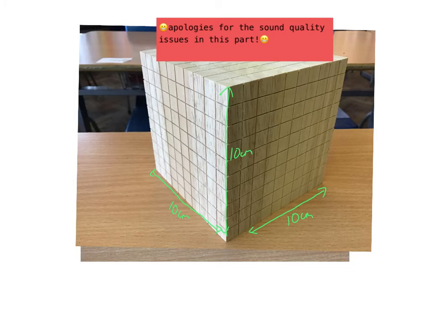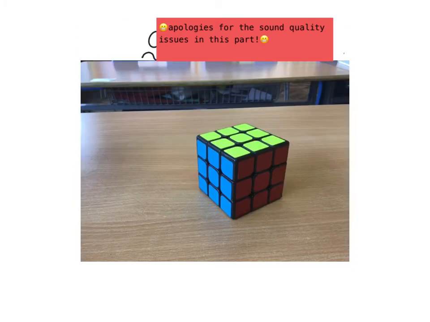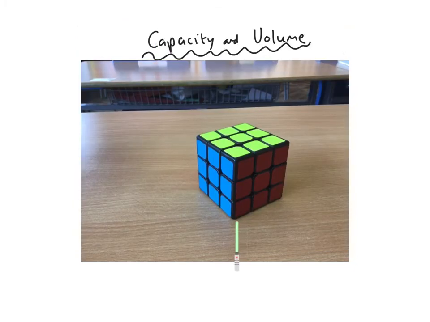So in P6 we've been looking at our Rubik's Cube, and I had a little measure of my Rubik's Cube just to see out of interest, and each cube on the Rubik's Cube is slightly more than 1 centimetre. But if we used our imaginations and said that each cube on the Rubik's Cube was 1 centimetre, then I could work out the volume by using my formula.